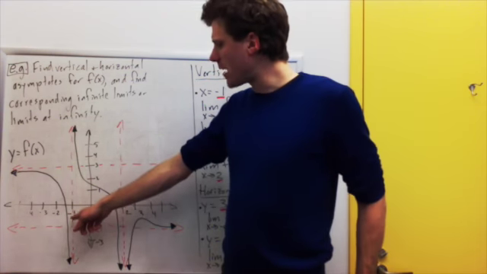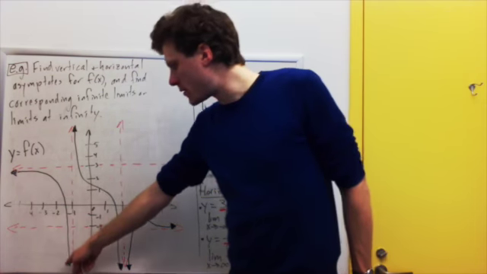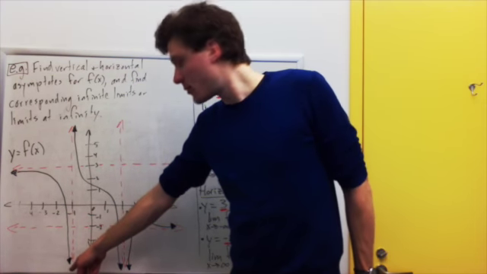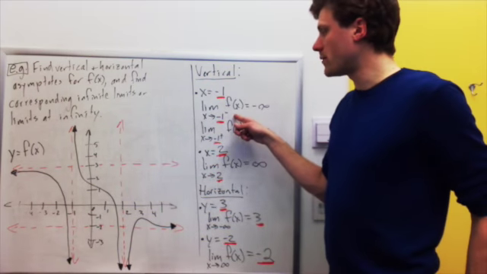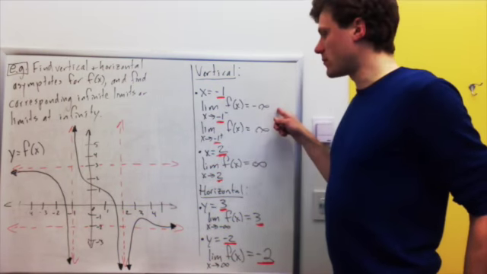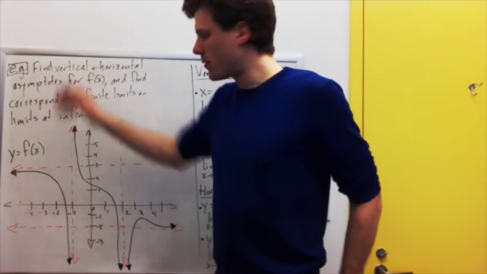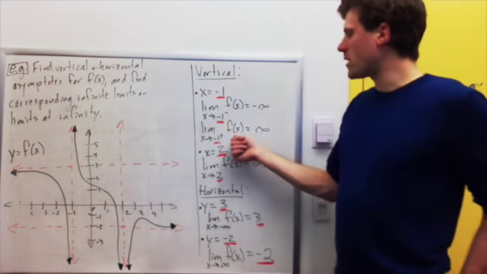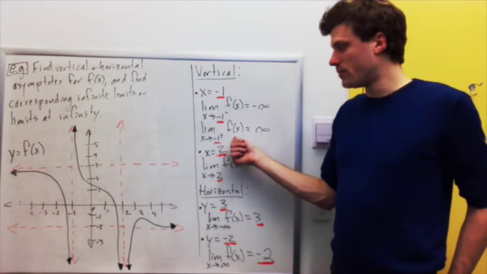Let's look at what's happening at -1. As we approach -1 from the left, the graph is going down off the bottom of the chart, so that means that the limit as I approach -1 from the left is negative infinity. As I approach -1 from the right, the graph is going up off the charts, so that means that the limit as I approach -1 from the right of f of x is positive infinity.